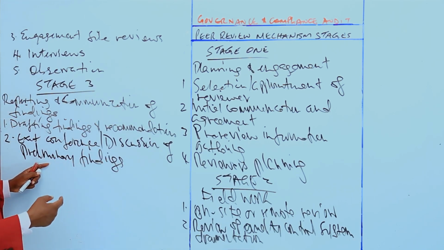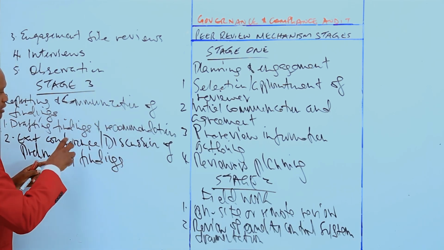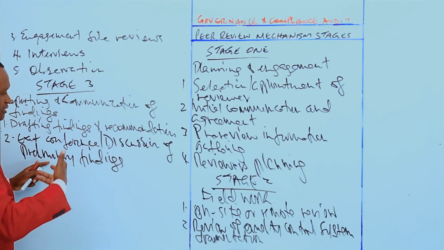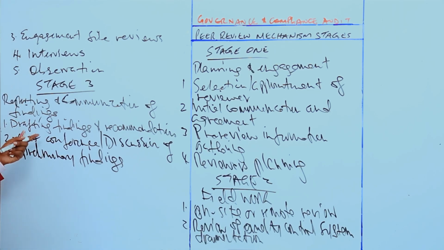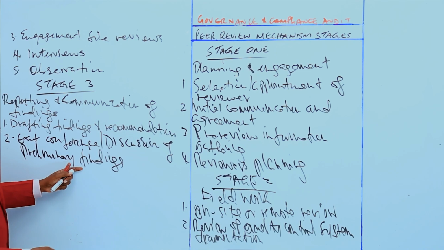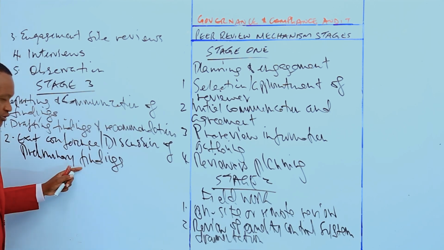The reviewer conducts a meeting to discuss the preliminary findings, because after drafting the findings, these findings are discussed in a meeting with the management of the firm that is being reviewed. This is a critical stage for the reviewed entity to understand the findings. The reviewed entity may also provide additional context or information that might clarify the issues.